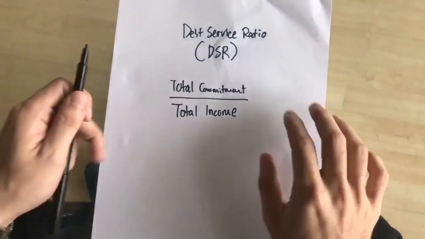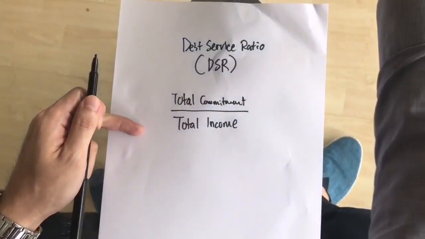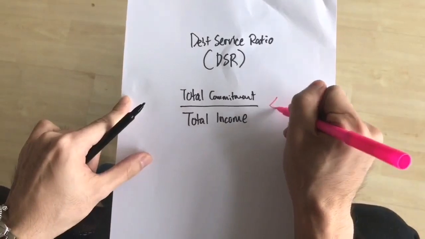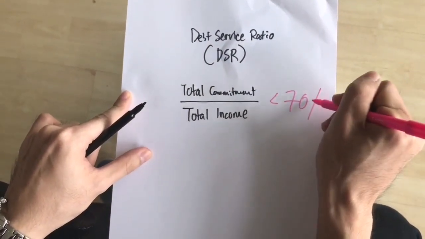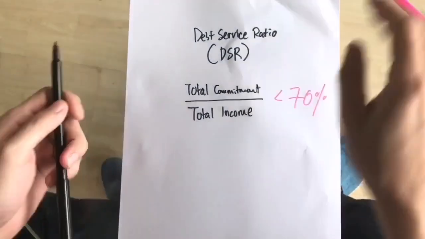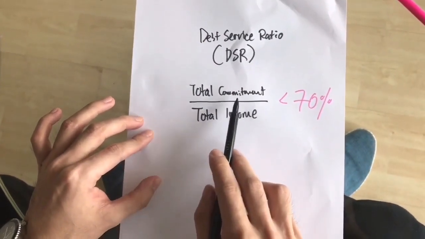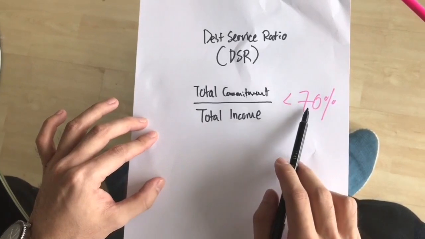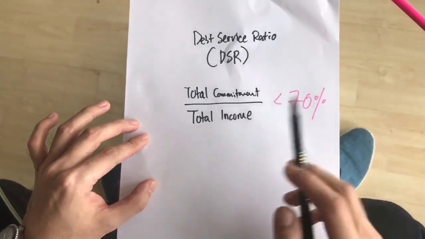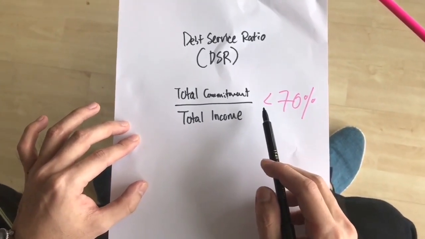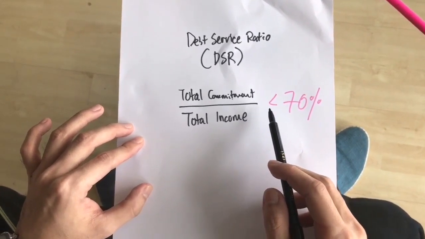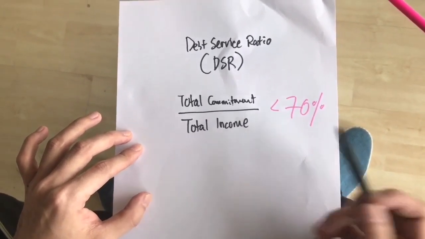This has to be lesser than 70%. What I mean is that this commitment cannot be more than total income, and it has to be lesser than 70%. Some banks can loan up to 90%, but it depends on the individual's profile.